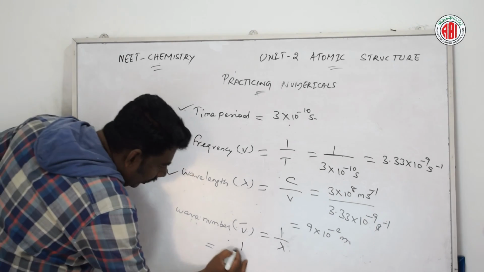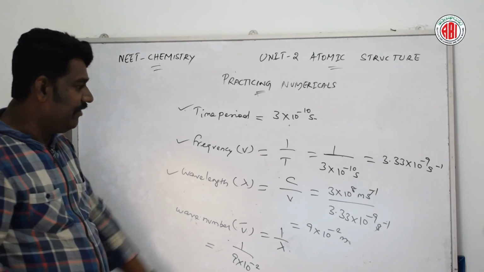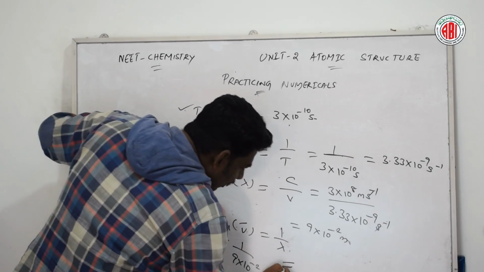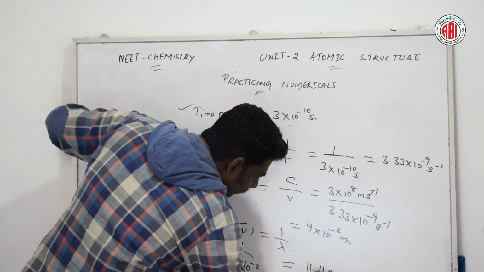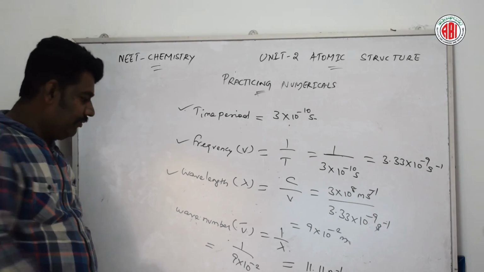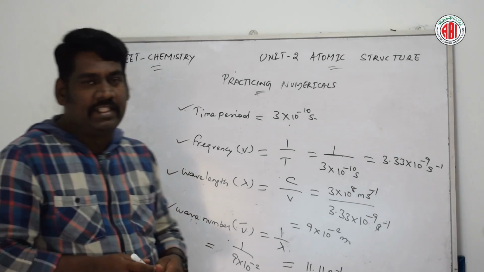So 1 by 9 into 10 to the power of minus 2 meter is the wave number. Simplifying this, we will get around 11.11 per meter. That is the wave number. So we have the value for wave number as well. So by this way we can solve this problem.